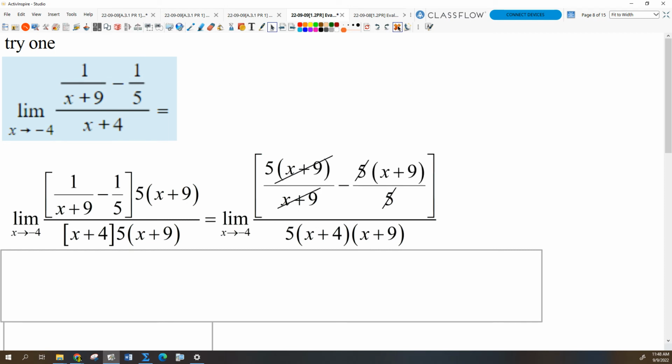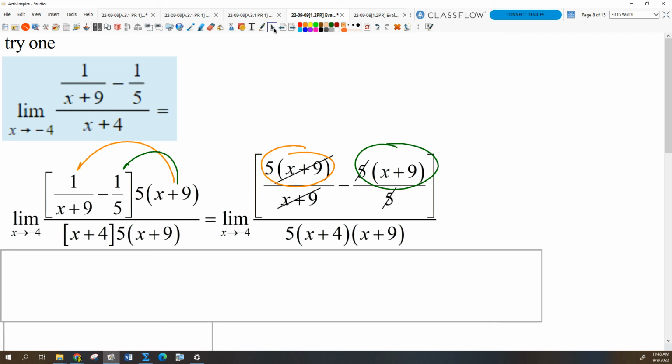Right? If I distribute this to each of those fractions, here's what I get on the top of the first fraction, and here's what I get in the numerator. Here's what I get in the numerator of the second fraction, right? Okay, and I get cancellation. The x plus 9s cancel in the first fraction, and the 5s cancel in the second, leaving me with, and on the bottom, I've just got this product of some stuff, right?